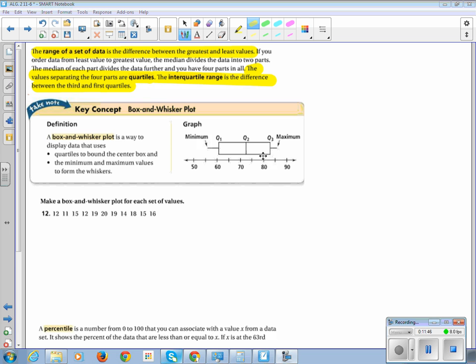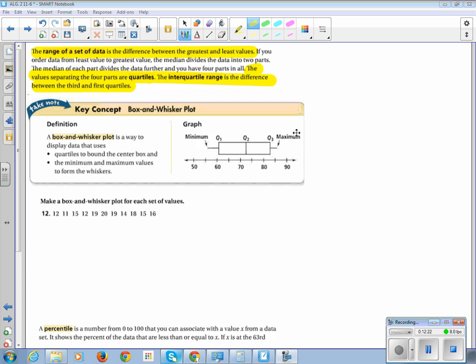So by reading this box and whisker plot, if it's really tight together, if it's really close, your data doesn't have a lot of distance in between values. Your data is pretty close. If it's spread way out, if your box is really long, then you know your data is spread out. So just by looking at the box, you can tell how your data lies. It does need to be graphed on a number line.